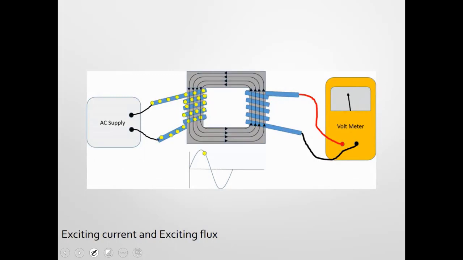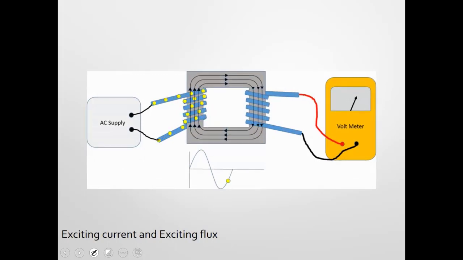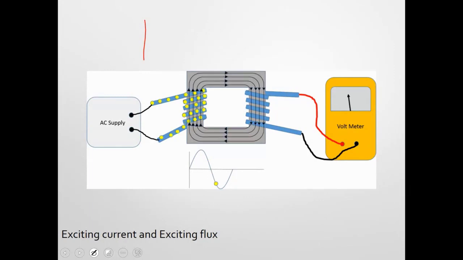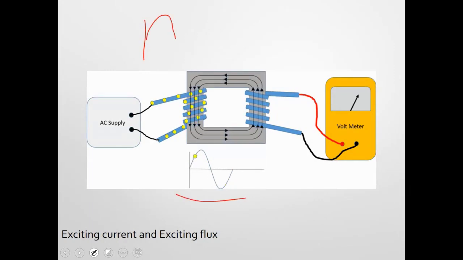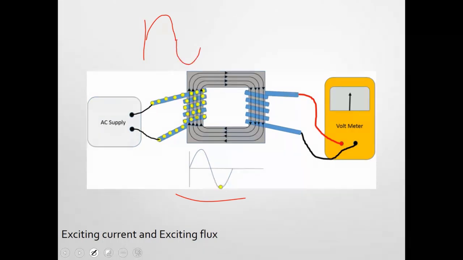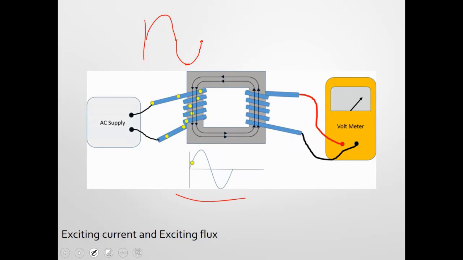So here's a little GIF I made. Here's an AC supply, and we have a sine wave here, so this is basically the current. It goes up, comes down to 0, and then changes direction, goes to a maximum in the negative direction, back to 0.